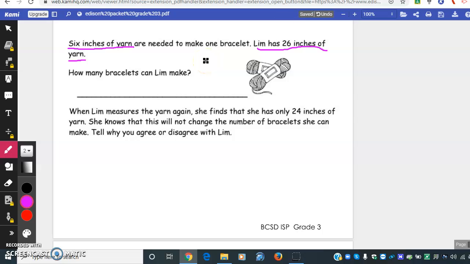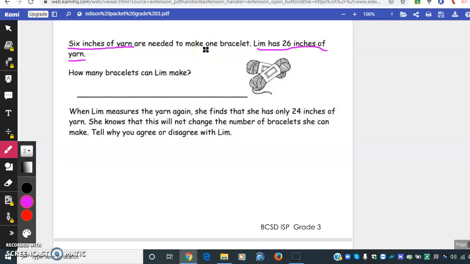So I'm going to first decide what am I doing here? Is this a some and then they get some more? No, they're not starting with some more. What we have here is 6 inches of yarn are needed to make one bracelet. But that's kind of a hidden way of saying 6 inches of yarn are needed to make each bracelet.